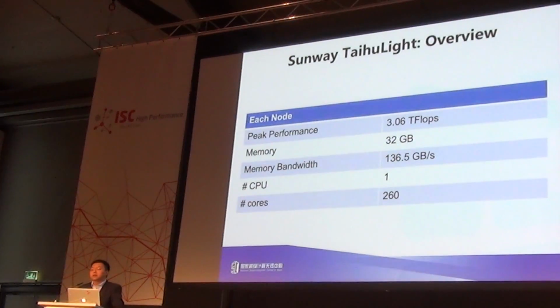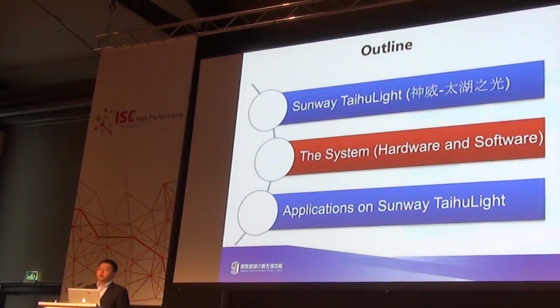Each node comes with one of these many-core CPUs with 260 cores, and the peak performance is 3 teraflops per CPU. Each comes with 32 gigabytes of memory and a bandwidth of 136 gigabytes per second.